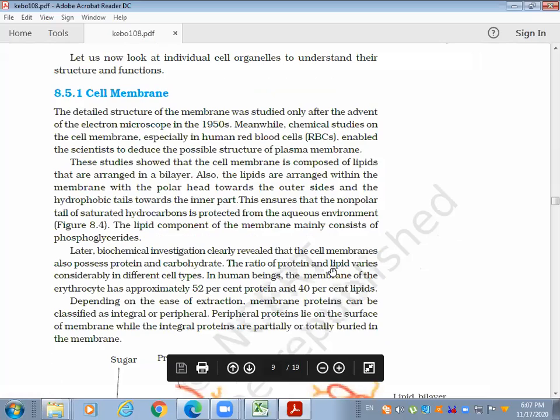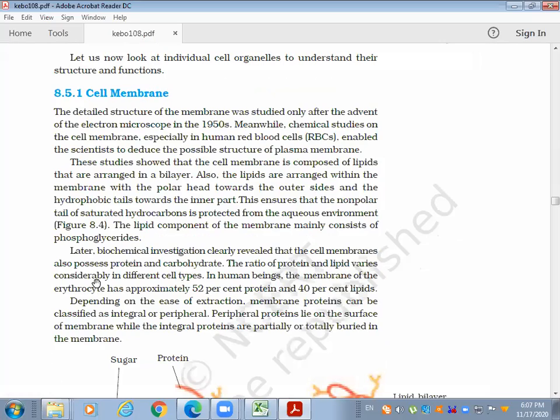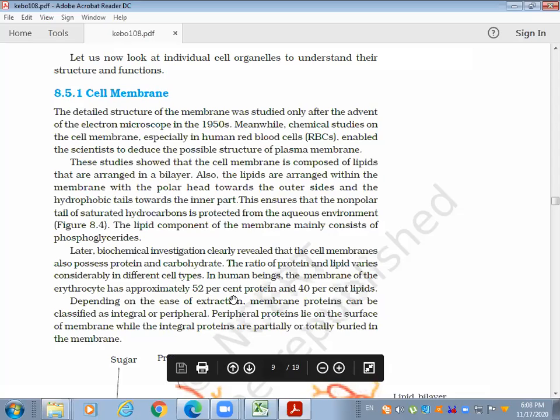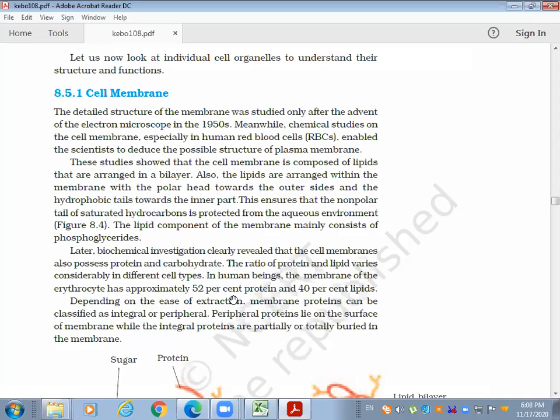The ratio of protein and lipid varies considerably in different cell types. In human beings, the membrane of the erythrocyte has approximately 52% protein and 40% lipids.